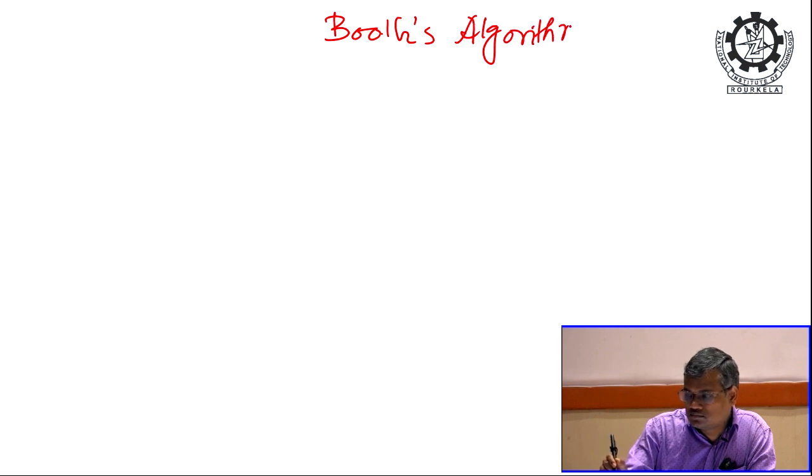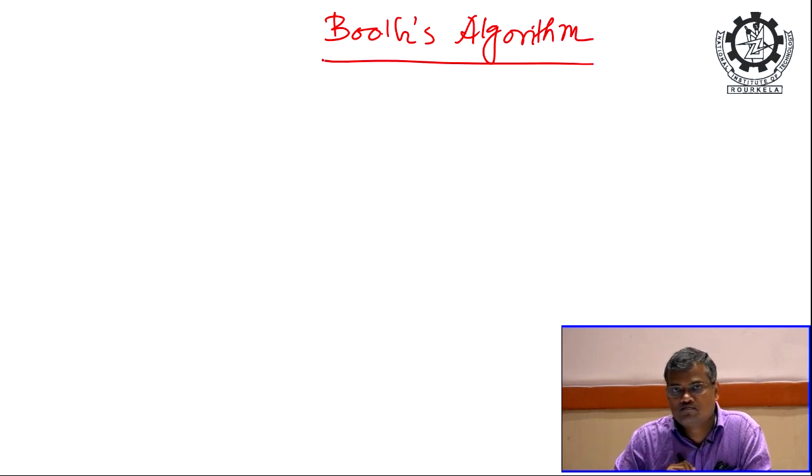For that, we have to study a different algorithm, okay, that was introduced in the 60s, in the last century, something called Booth's algorithm. Okay. So, Booth's algorithm will work for the positive number as well as the negative number. So, that will be discussed in the next class.